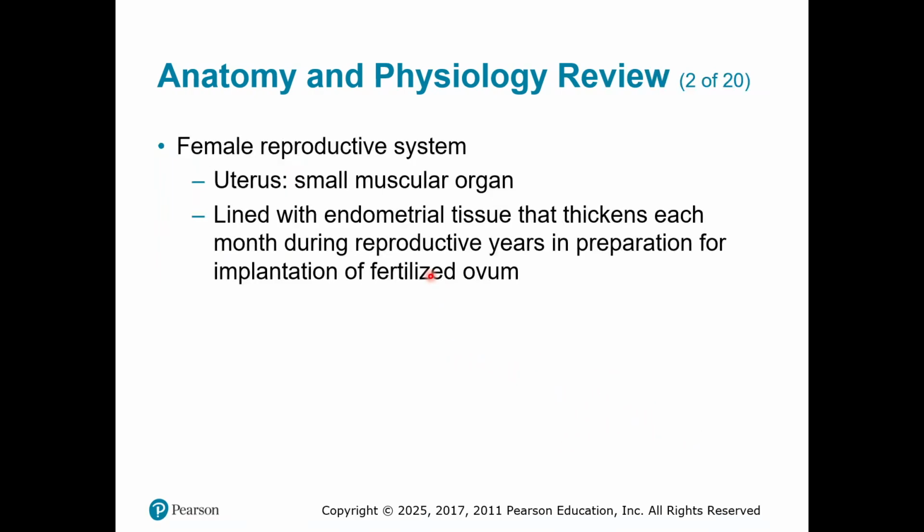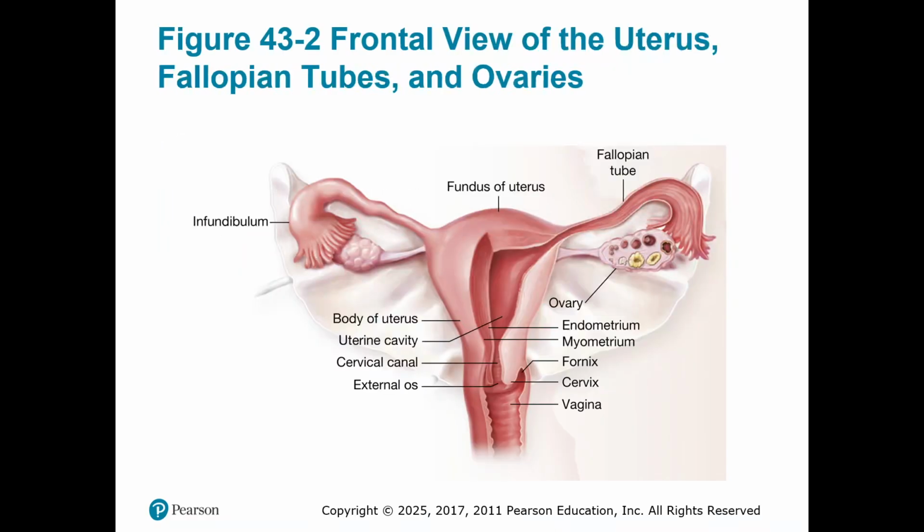And it's that endometriosis sometimes that actually affects the endometrial tissue as well. Here you have a diagram of the fundus of the uterus. Here's your fallopian tube right here. The body of the uterus, the endometrium, the cervix, the vagina here.